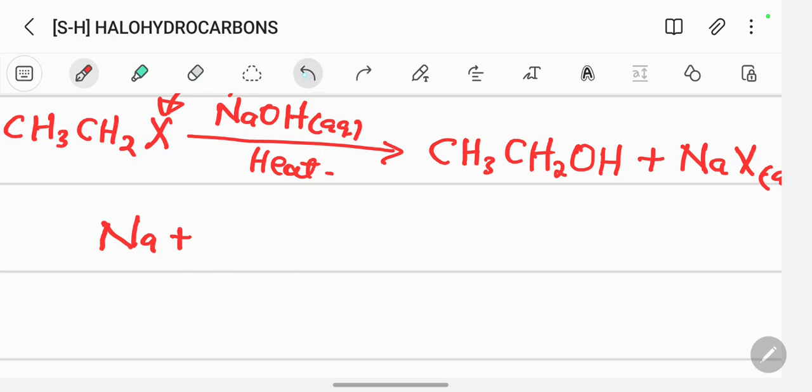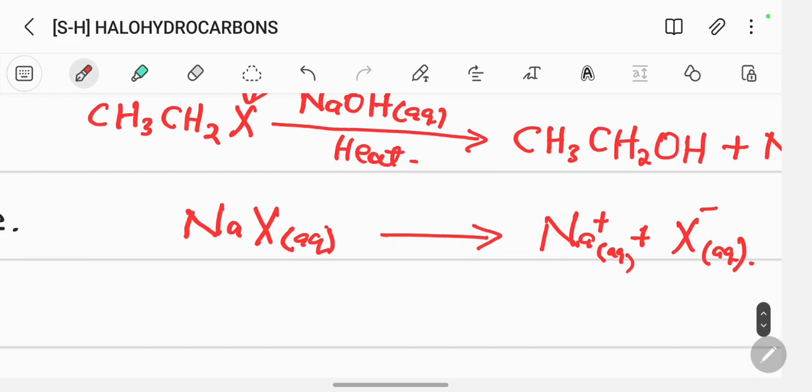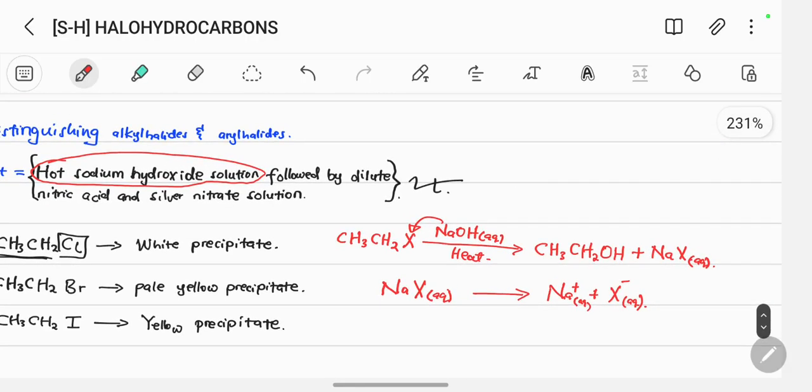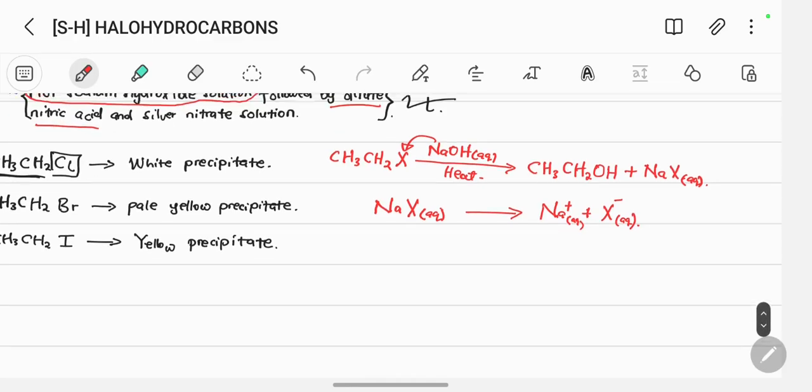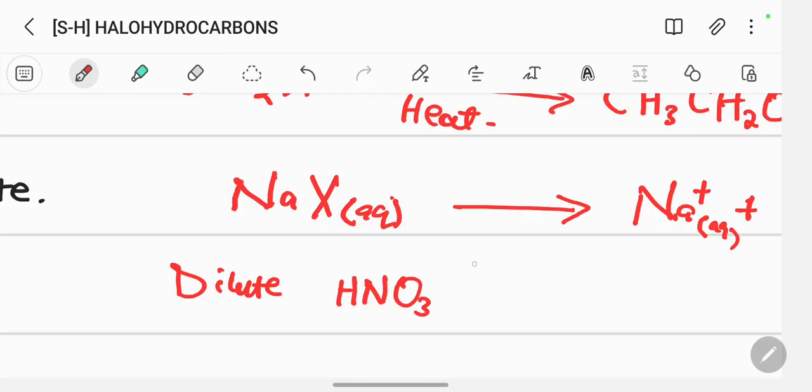So let me do this. Sodium halide in aqueous state will dissociate to sodium ions and the halide ions. Now, when you add in dilute nitric acid, the dilute nitric acid is going to neutralize.